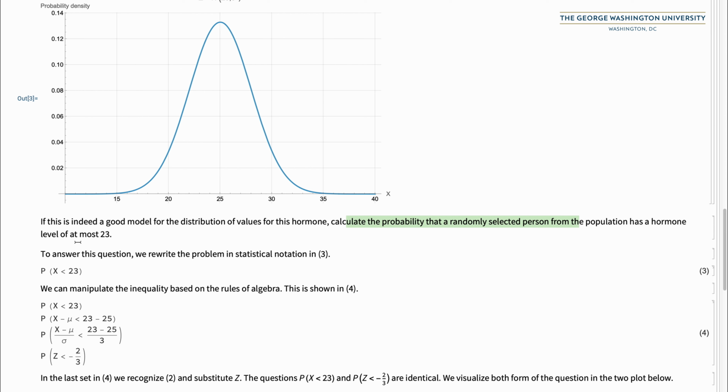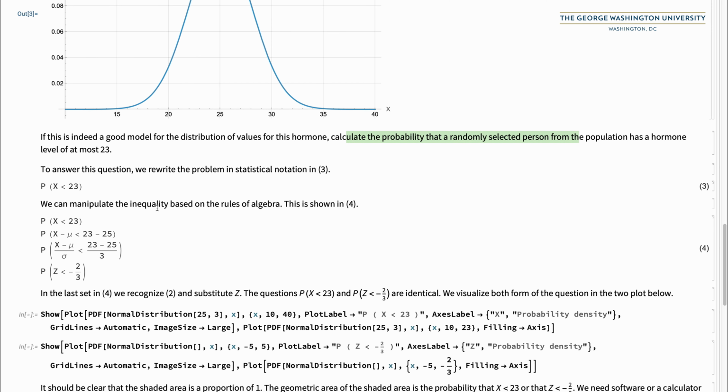Or you can state it as we've done in this problem. If I take a randomly selected person from this population, what is the probability that they fall on this interval from negative infinity all the way to 23? Now, remember, there's no way that someone has a hormone level of negative 25,434, but this is a theoretical model of the distribution of these hormone levels.